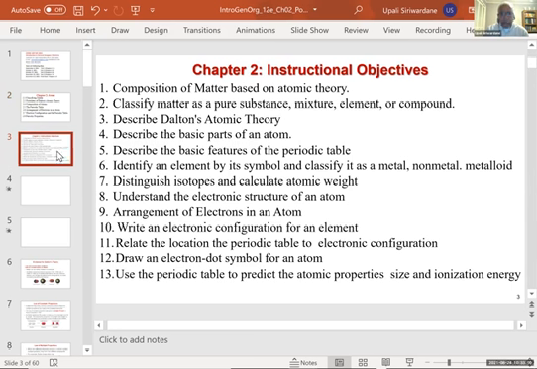Anyway, we're going to go over this again with this idea expanded. The classification is based on pure substances, which are elements and compounds, and mixtures are complex substances.